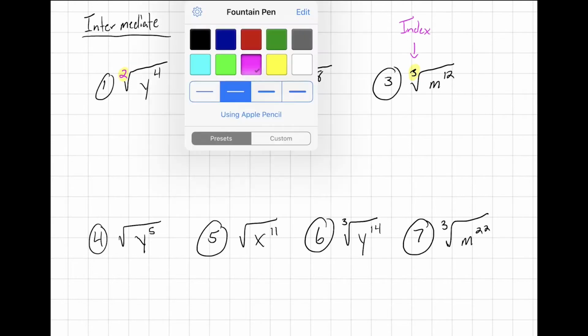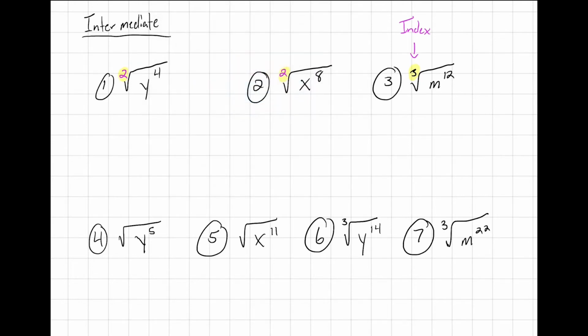The property says that you can rewrite the whole radical as the inside exponent over the index. So again, it's the inside exponent, which I will highlight in green, and I'll do that for the first 3 here.